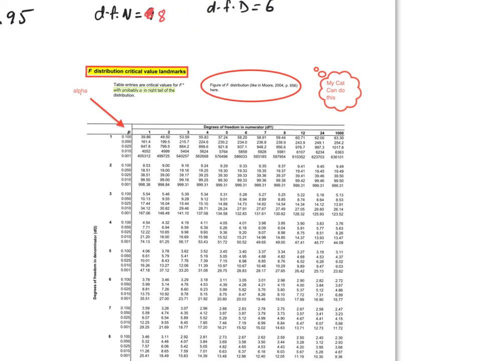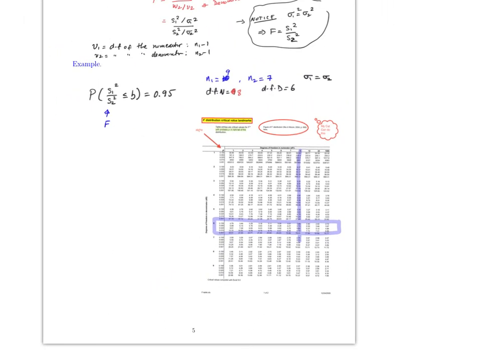So then you look at 8 degrees of freedom, which is here, and then 6 for the denominator. So the answer has to be in here. Since we want the area to the right, by the way, the shape of this graph is technically like chi-square, looks like this.